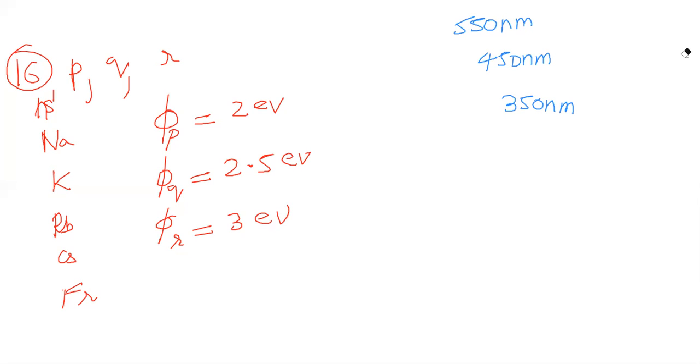For lambda 1, we have to find the incident energy, for lambda 2, for lambda 3. So hc by lambda 1 for the first wavelength. Then we have to check whether it is greater than this or this or this. That is how we have to start the problem.